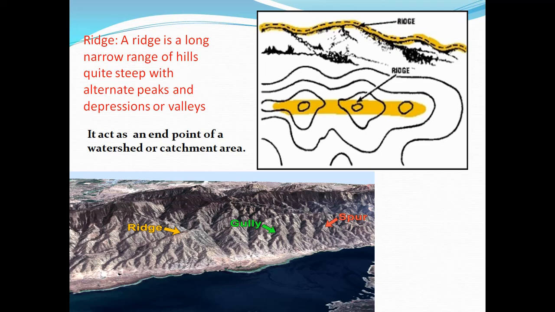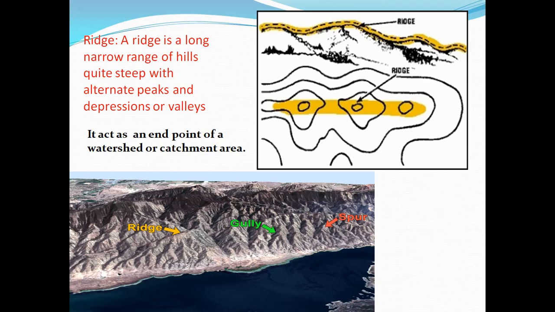The lines are close together on both sides, indicating a steep slope. You can see that, I just gave a photo of a ridge.